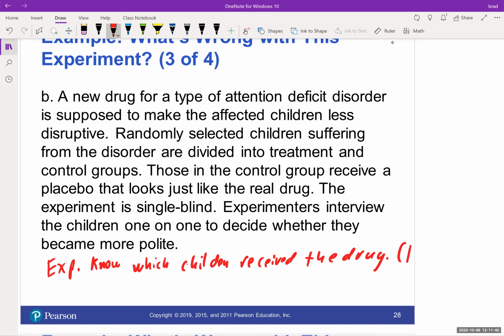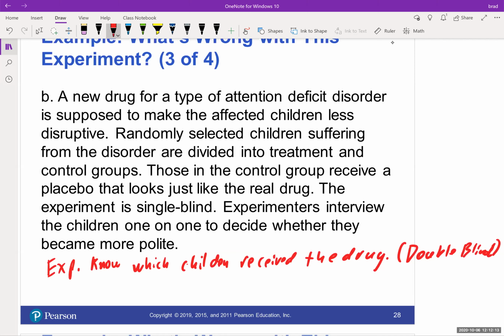The solution might have been better to do a double blind. It's kind of like that thing. I don't know if it's true, but I heard that parents often think that when they give their kids sugar, they go crazy and get all wild. But maybe kids are just wild in general and we perceive it because of the sugar. I think I remember reading something about that, that it's just our perception because we gave them sugar. That's why they're acting like that, when in reality, it could just be the kids are wild in general. Okay.